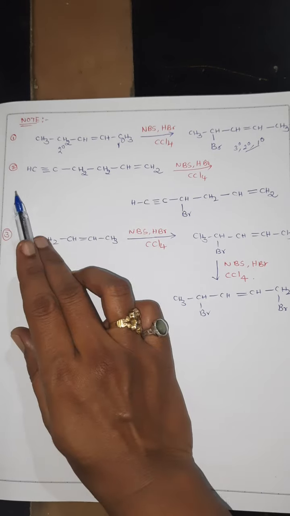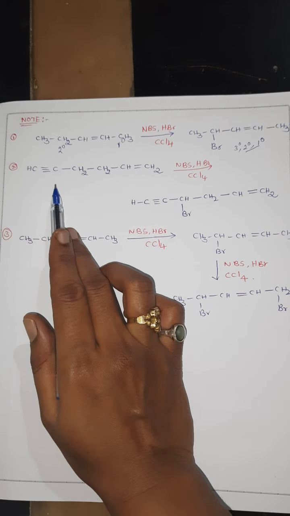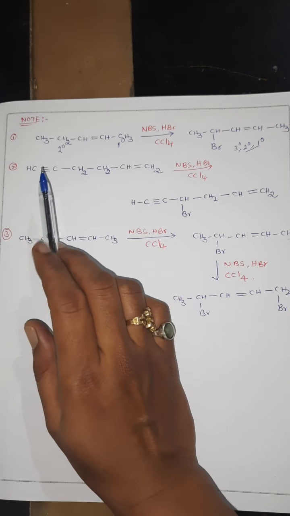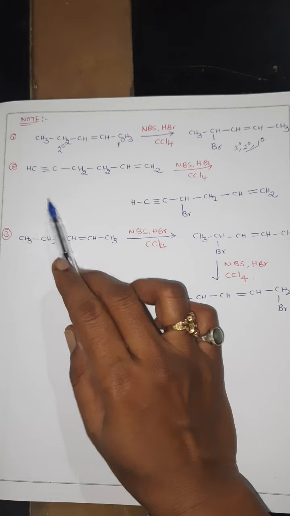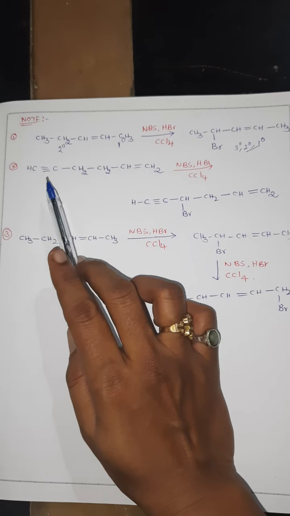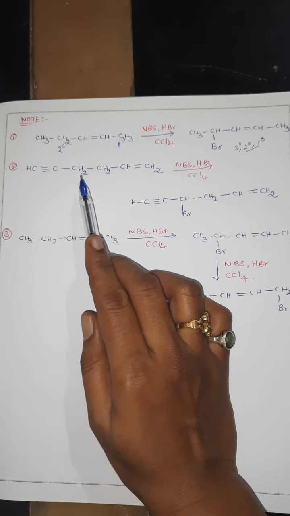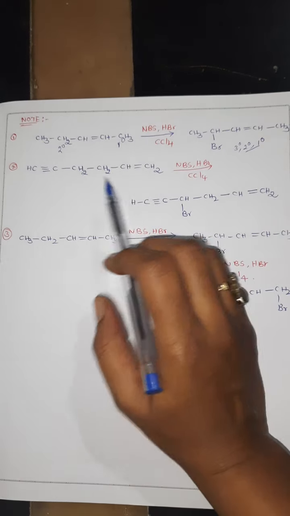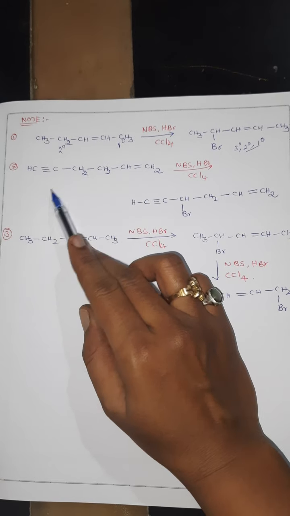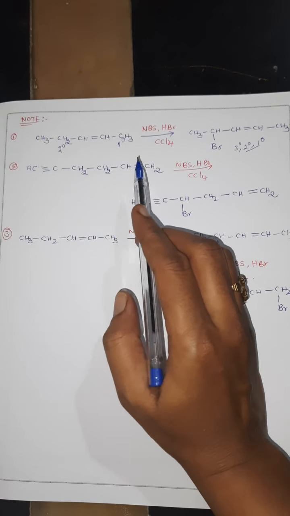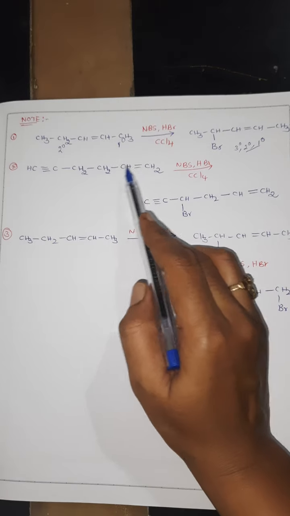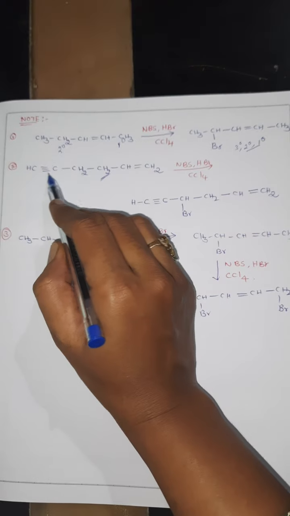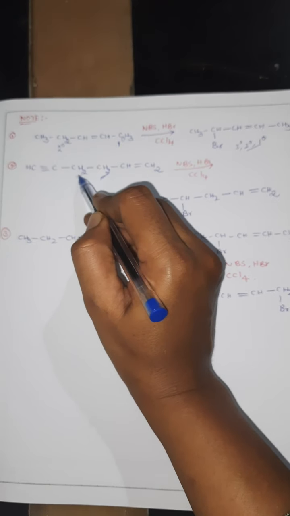The second characteristic of this reaction is, if the molecule has both a double bond and a triple bond, and these two bonds have different allyl positions, the double bond has its allyl position at this carbon and the triple bond has its allyl position at this carbon.